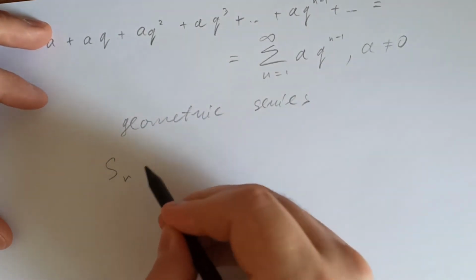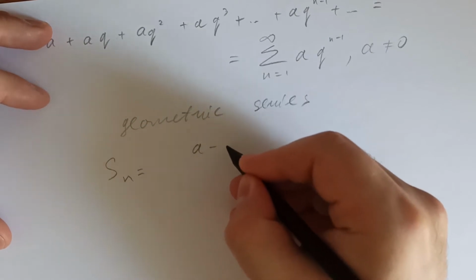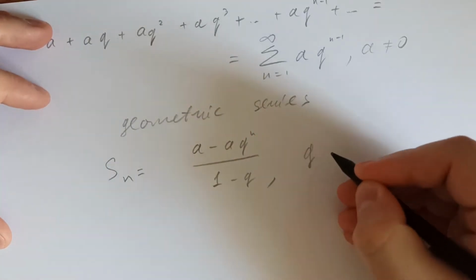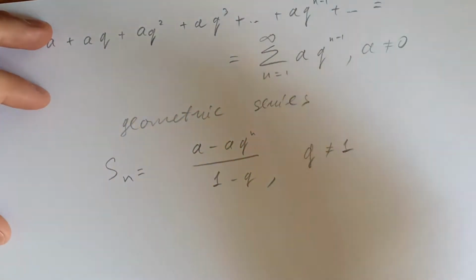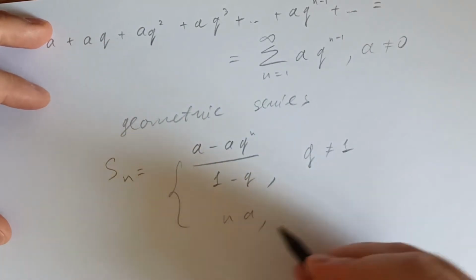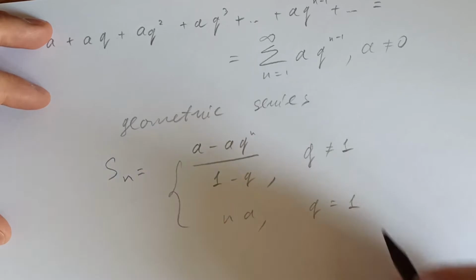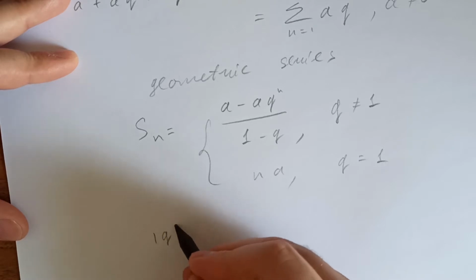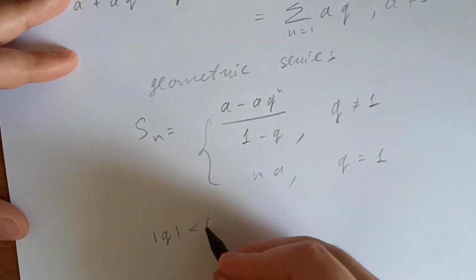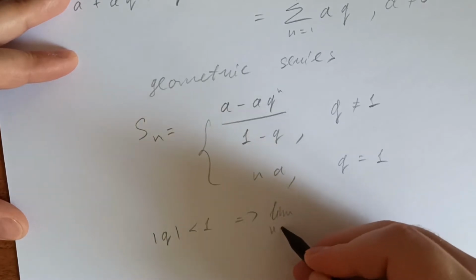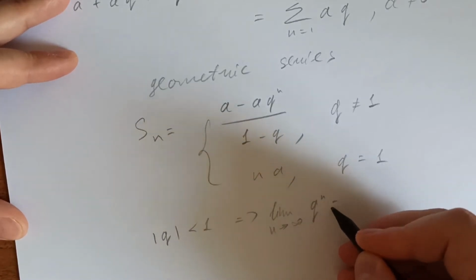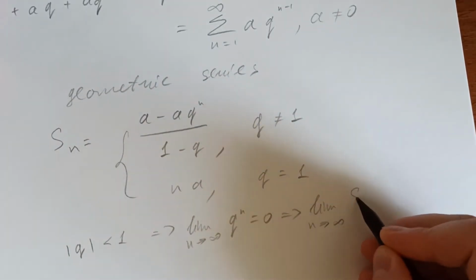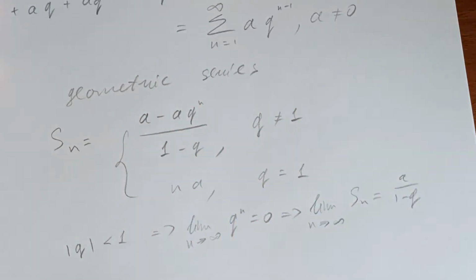The partial sum will be (a minus aq to the power n) divided by (1 minus q) if q is not 1, or na if q is equal to 1. So if the absolute value of this multiplier q is less than 1, then the limit as n tends to infinity of q to the power n is 0, so the limit as n tends to infinity of S_n is a over 1 minus q.